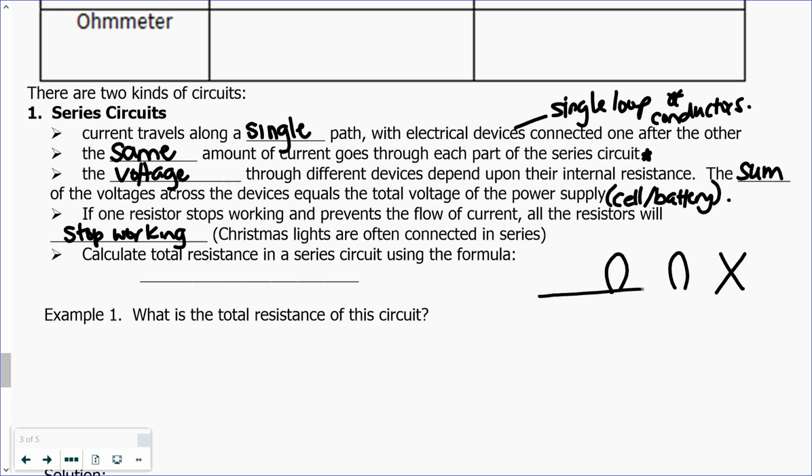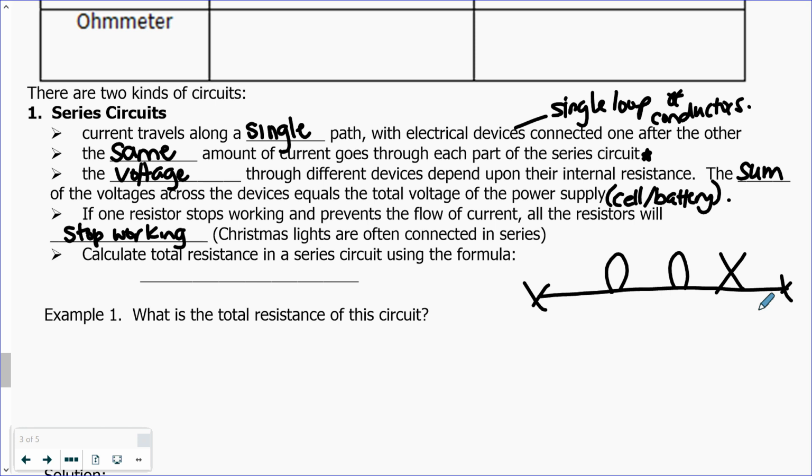The whole string connected in series will be dead. So that's actually not the best. I think they do hook some Christmas lights up in parallel now, so you can just see which one is burnt out. But I have so many lights on my Christmas tree that if some are burnt out, that's okay.